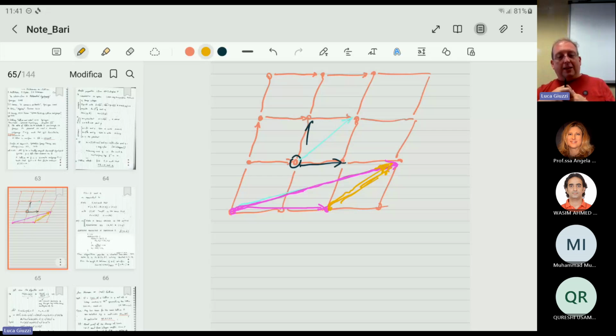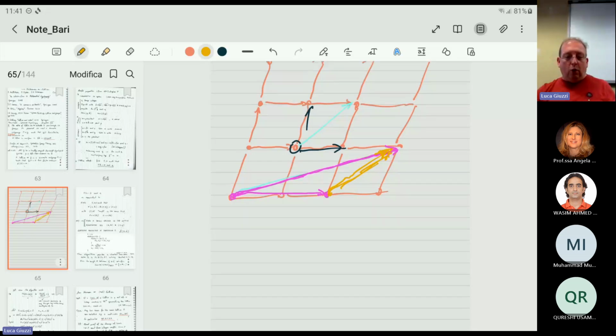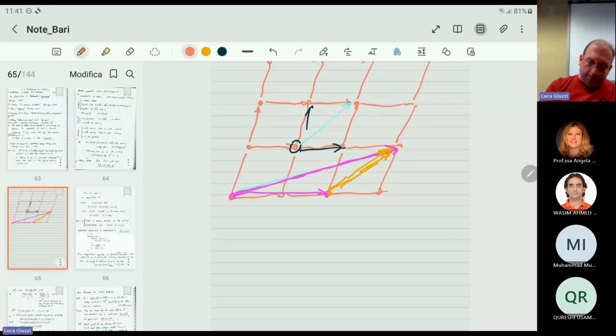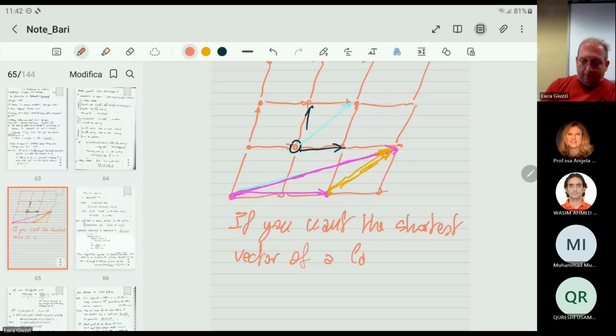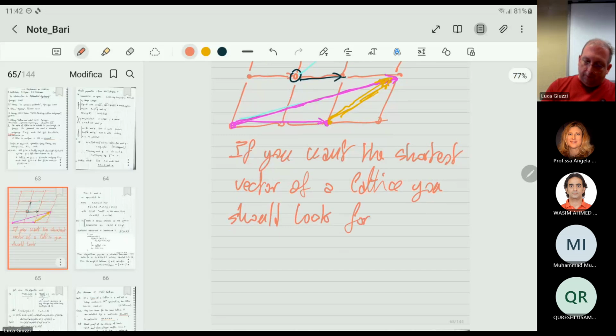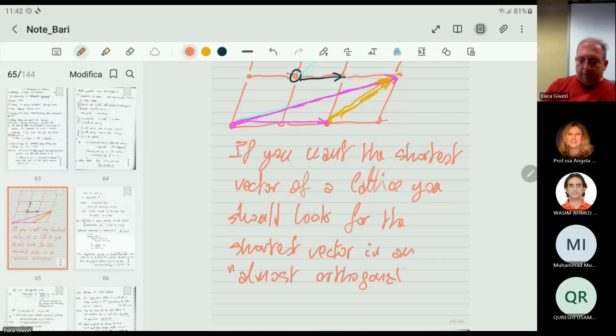The idea, which dates basically back to Gauss, is that if you want the shortest vector of a lattice, you should look for the shortest vector in an, let's say, almost orthogonal basis.